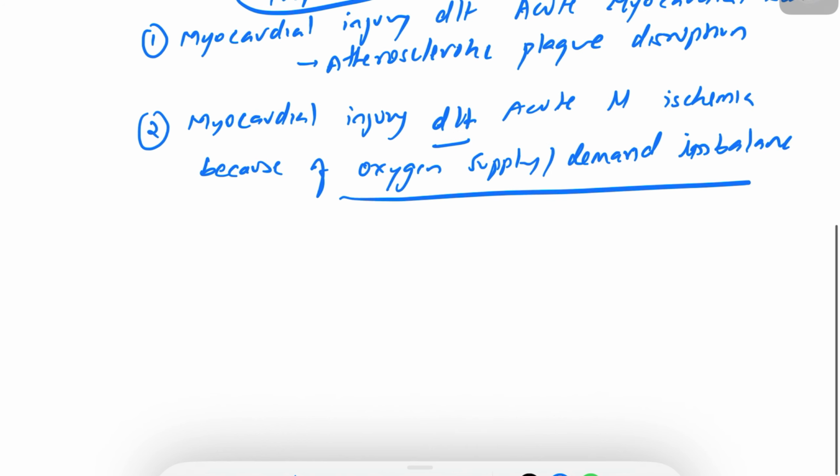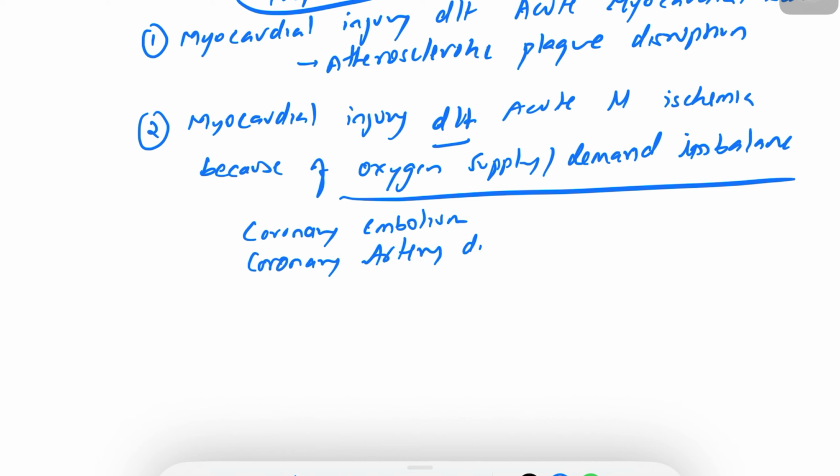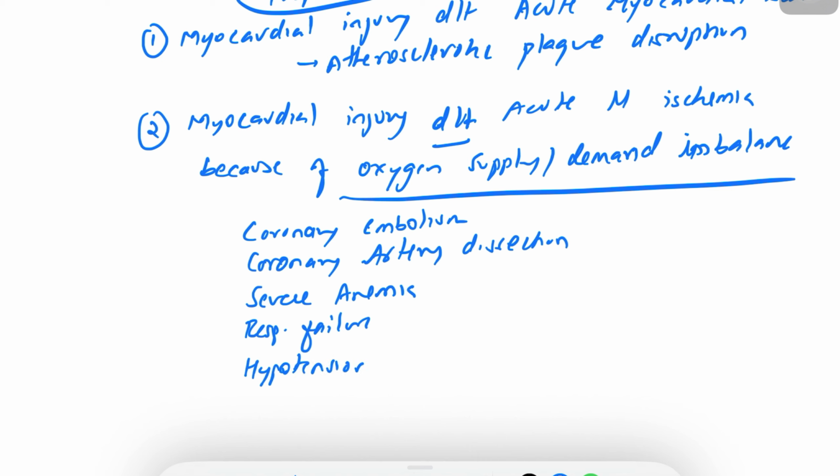This oxygen supply-demand imbalance can be seen in other causes like coronary embolism, coronary artery dissection, severe anemia, respiratory failure, hypotension, shock, and bradycardia.